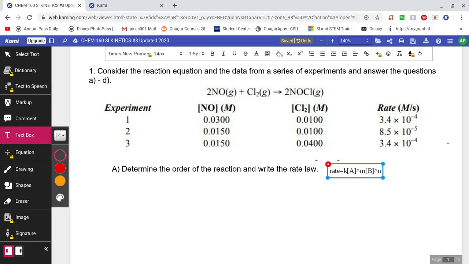And in different circumstances, you may have more reactants. Sometimes the reactant concentration doesn't factor at all, as we would see in a zero order reaction. But typically what you see in your class is nothing bigger than 2. So you usually deal with zero order, first order, and second order.